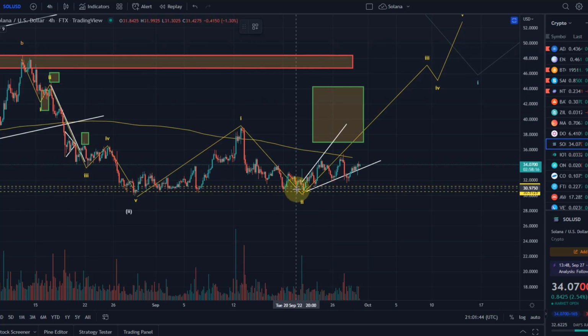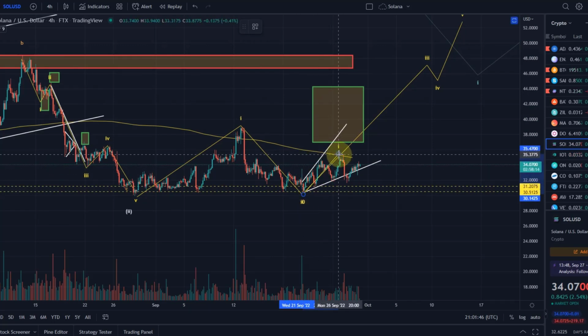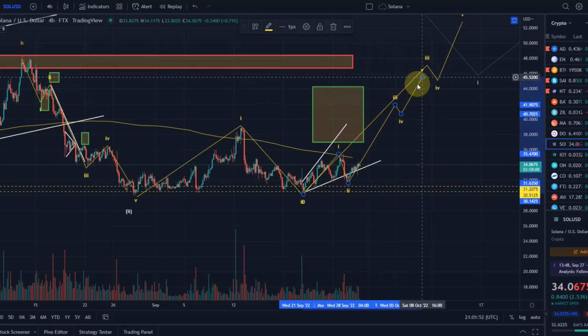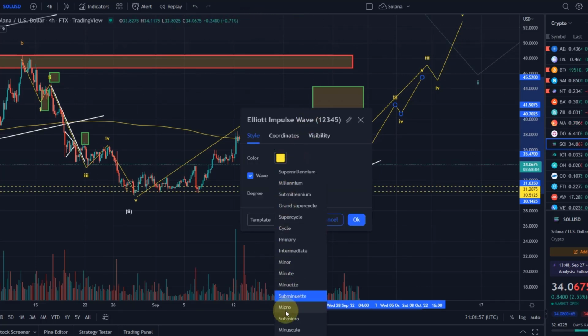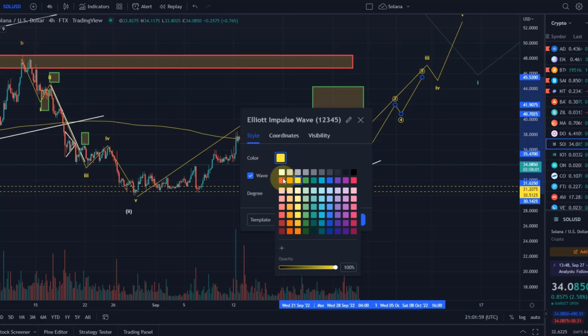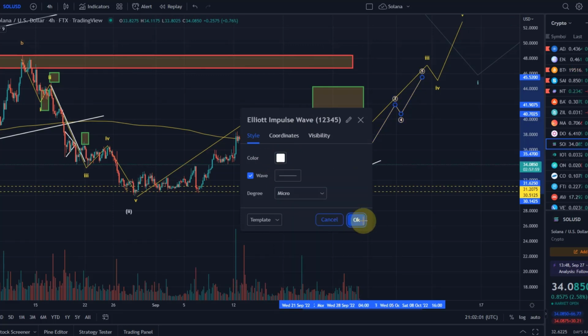Then we go to the waves and say that this was a wave 1 of the wave 3. We're now heading down in wave 2, possibly already finished, and we would be moving higher. This is what I think makes the most sense in the bullish scenario.